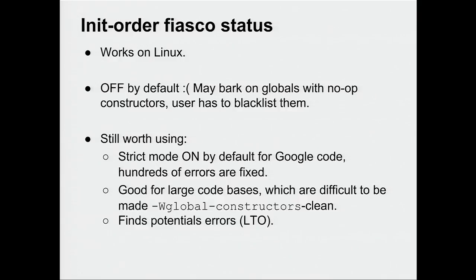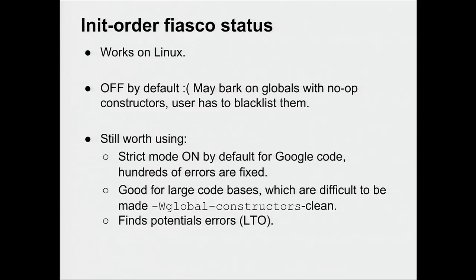And now we go to the status. The init-order-fiasco checker is off by default due to the reasons I mentioned, because we sometimes produce false positives. That's the thing which we don't usually tolerate in ASan. So a user can fight them by manually blacklisting either global variables or blacklisting them by type names or something like this.